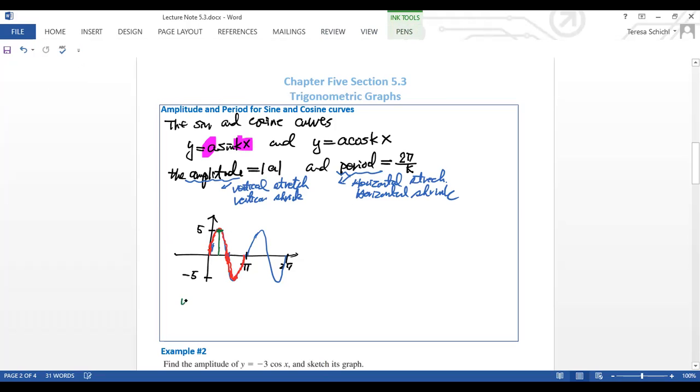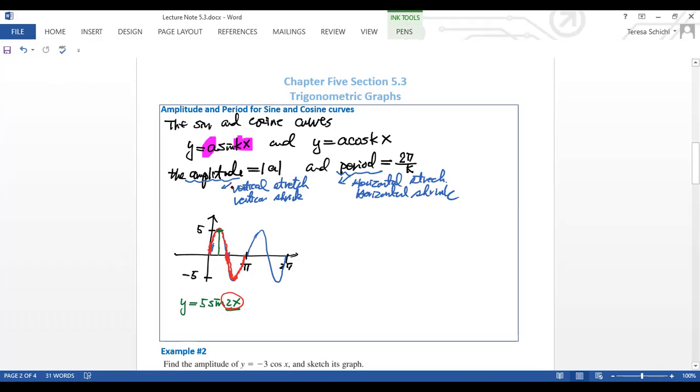Your y function would be 5 sine of 2x. That's why you shrink it: supposedly this would be 2 pi, but this is 2x, so it's pi here. So that's what we call the amplitude and the period.